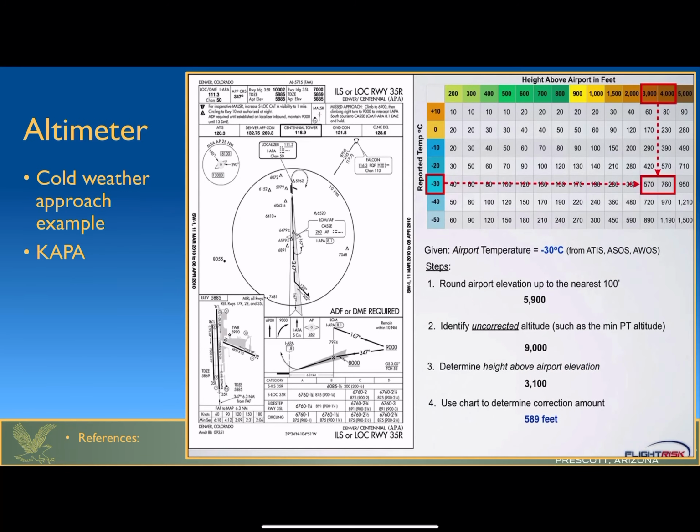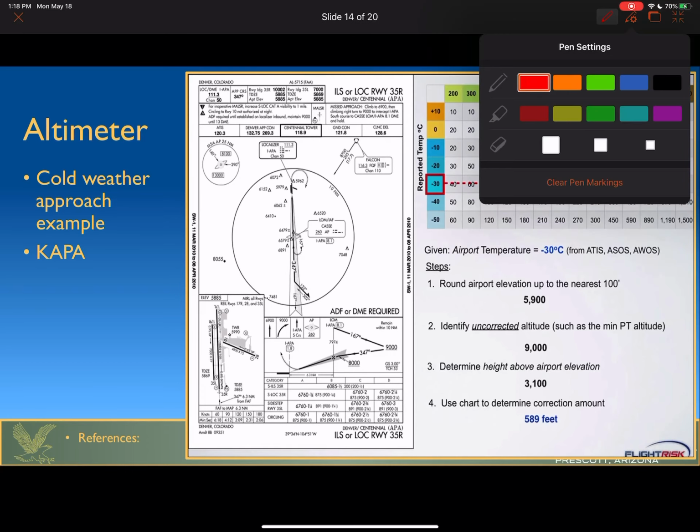So here you can see an example. We are looking at an airport in Denver, Colorado, KAPA. This is Denver Centennial. And we want to make a correction. So we want to figure out what our correction amount is. Let's say our given airport temperature is -30.